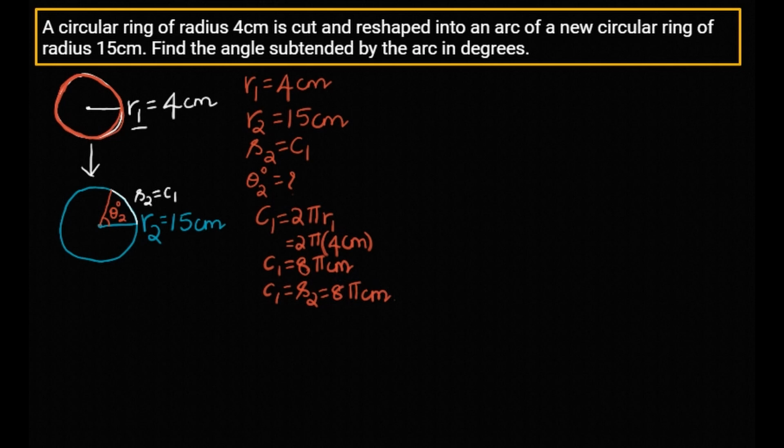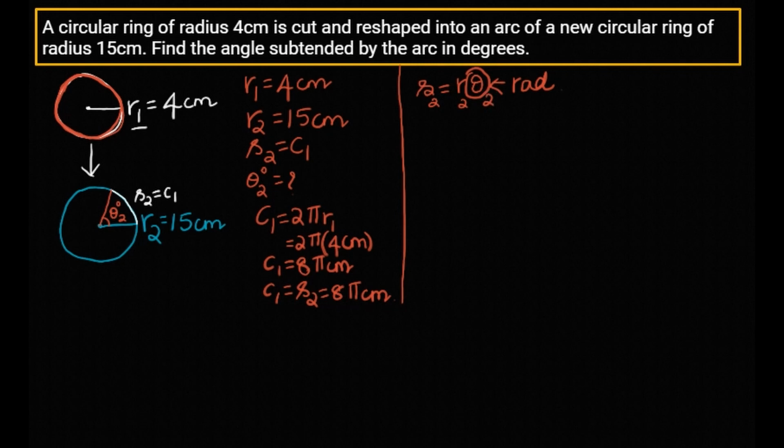Next, we have to find the angle subtended at the center of the second circle. So for that, we can use the second theorem, which states that when an arc of length s subtends an angle theta at the center of the circle of radius r, then s is equal to r theta. The value of theta here is always in radians. So here we will be using s2 is equal to r2 into theta 2.